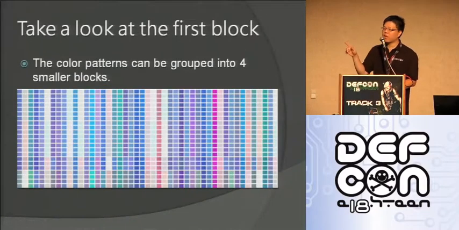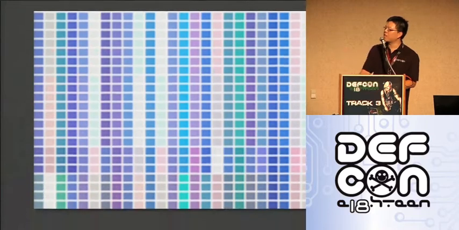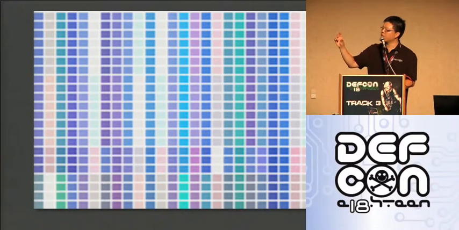So this is the first block. Okay, did you see any color patterns? Definitely you see a lot of color patterns, but actually there are some blocks that differ from other blocks. For example, if you look at the second line, in the upper corner there are some gray colors, and then it becomes a little pink over the skin color, and then it becomes more purple, and then more like a pale white again.